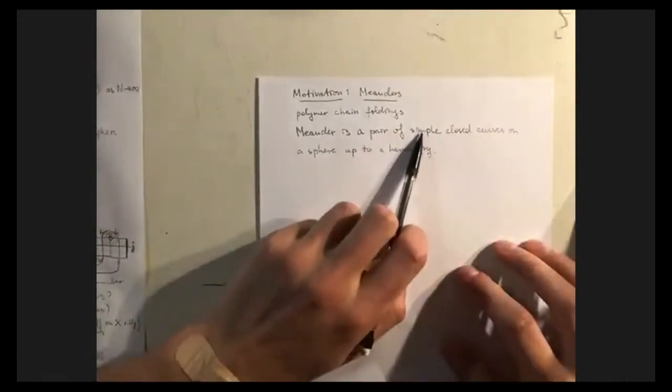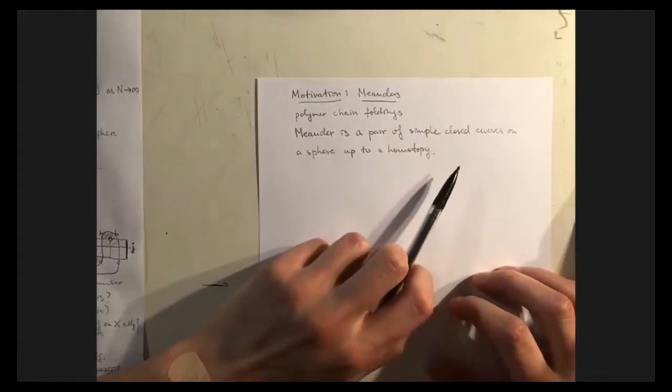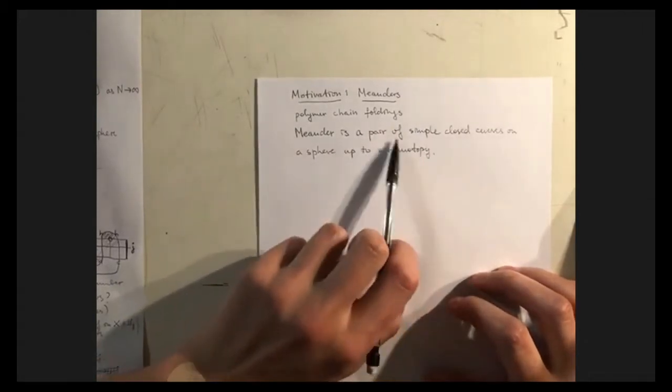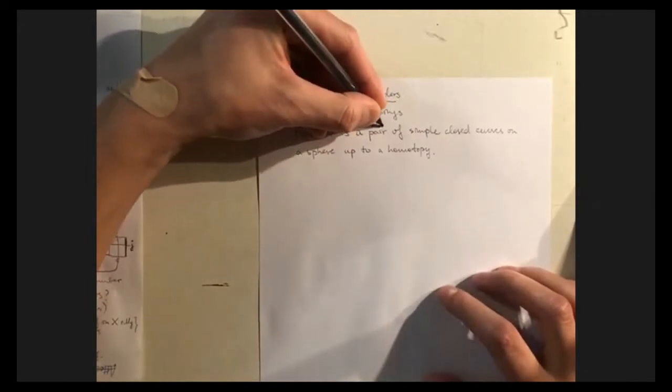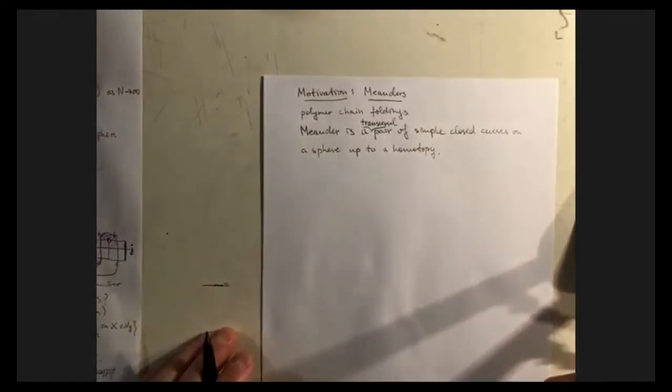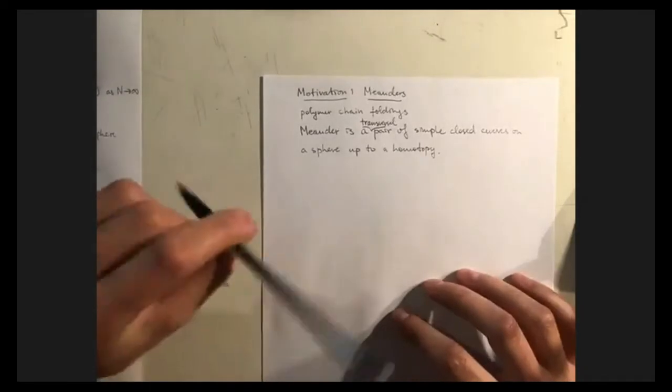Simple means non-self-intersecting, and maybe I should say a transversal pair. So we're counting pairs of curves up to homotopy, and those curves intersect each other transversally on a sphere.